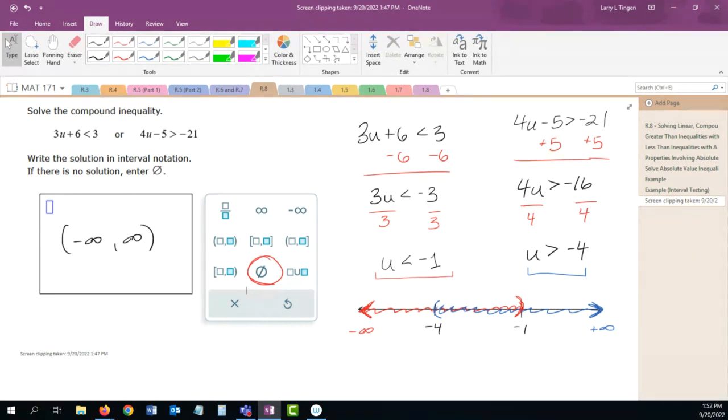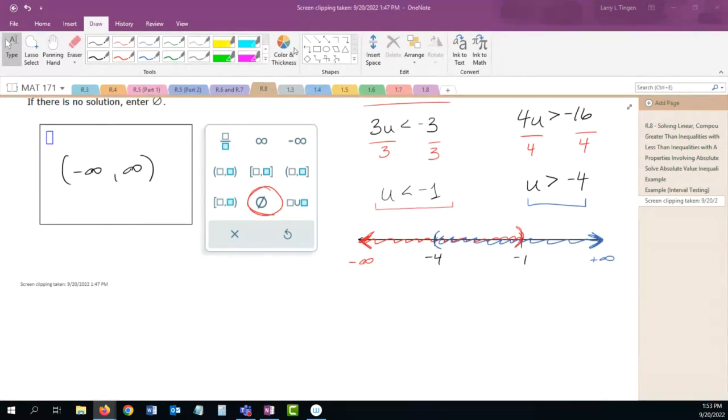Any questions from the review? Question 5. Okay, question 8. All right, and we're looking at the review now. Let's take a look at question 8 in the same section.